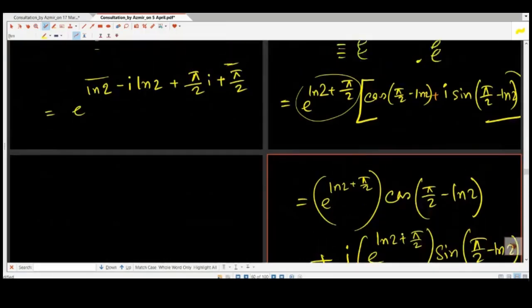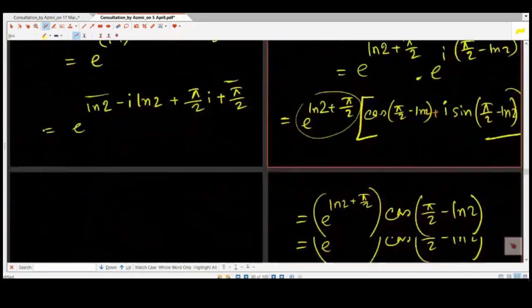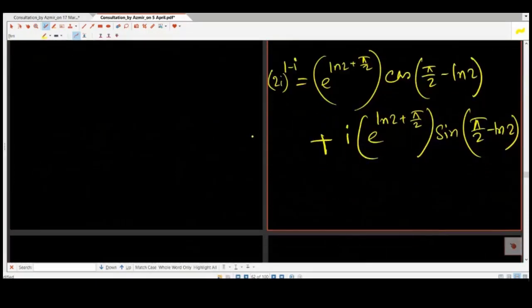So this is our numerical value. That means we have found the principal value of this complex exponent 2i to the power 1 minus i. We can use a calculator to get this numerical value. It is now in u plus iv form, and this is f of z.